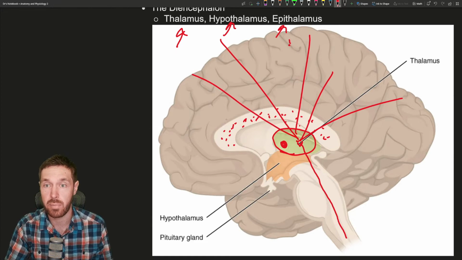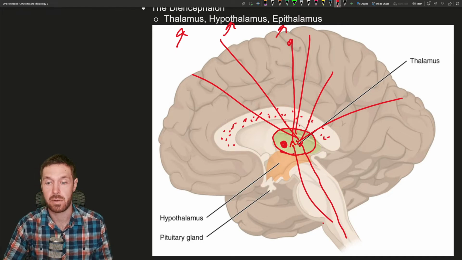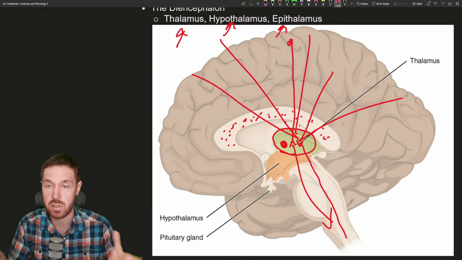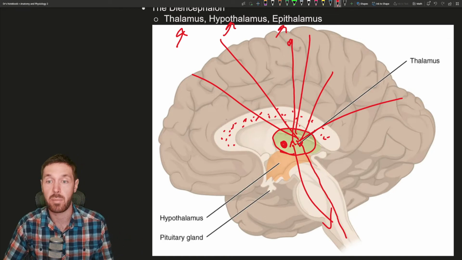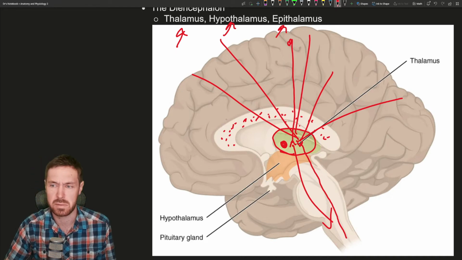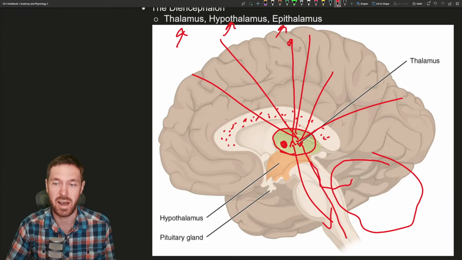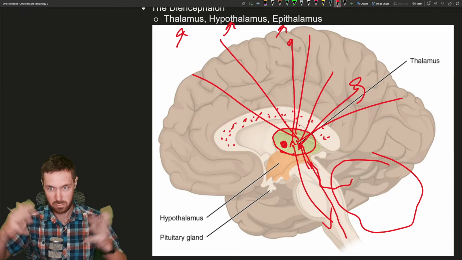And any motor output coming down also relays through the thalamus and then goes down. So it's a major relay station. The cerebellum, which would be right here, also relays up through the thalamus and then goes to where it needs to go. So you see, it's a major relay.